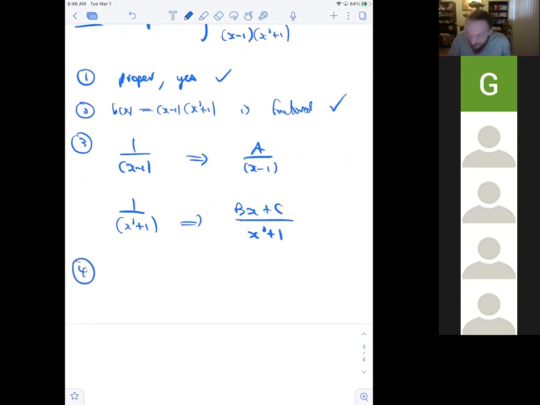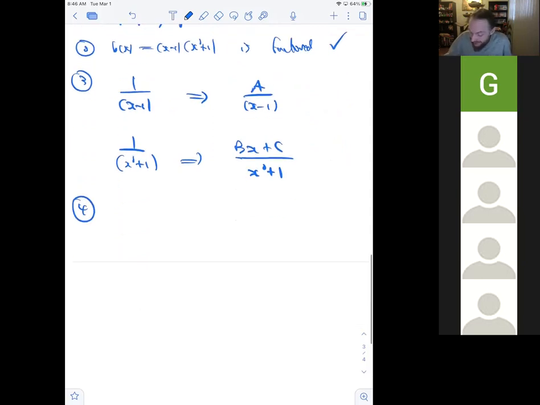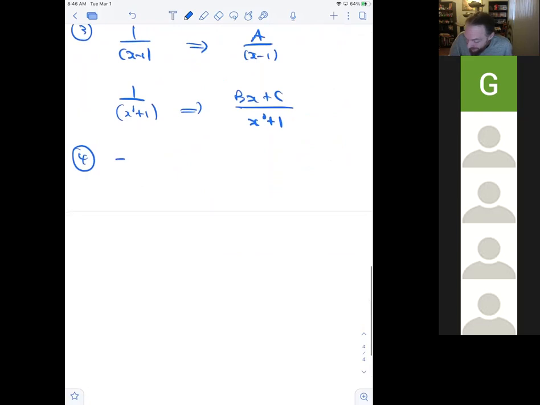Four, now I have to solve, and you have to know what that means to get all of these guesses. What we're saying now is that negative 2x plus 4 over x minus 1 times x squared plus 1 is equal to a over x minus 1 plus bx plus c over x squared plus 1.